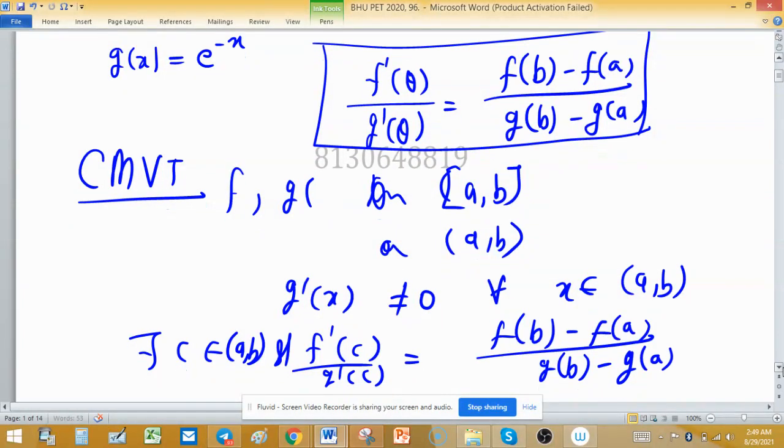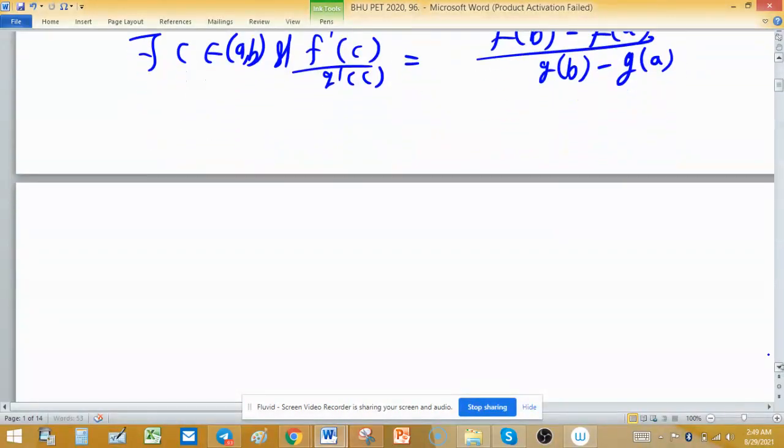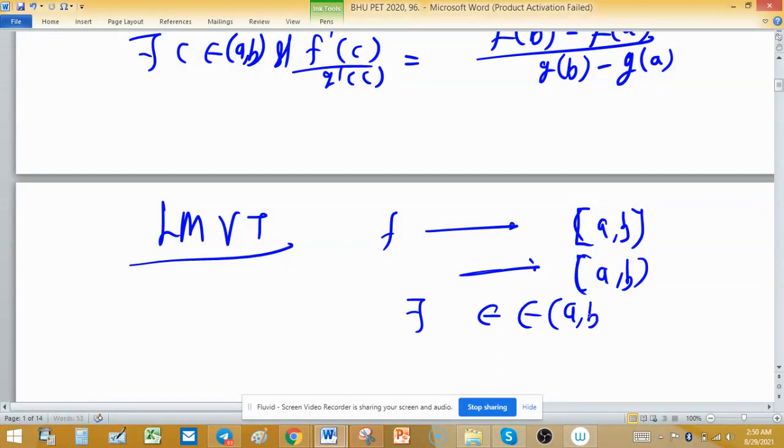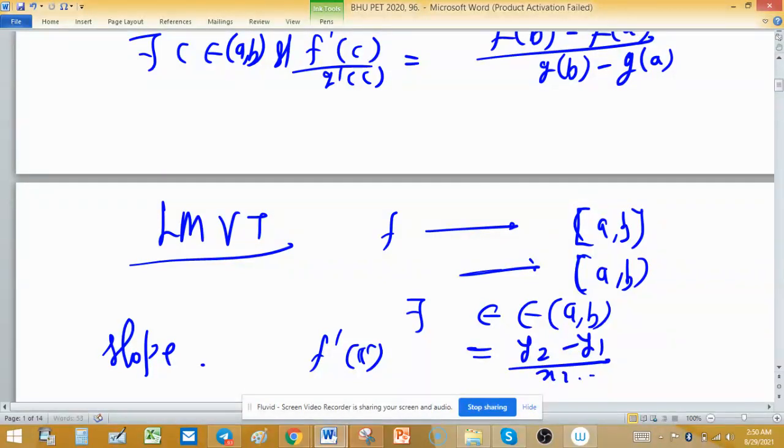So this is Cauchy mean value theorem, and this comes directly from the Lagrange mean value theorem, which says, suppose a function is continuous on closed interval [a,b] and differentiable on open interval (a,b), then there exists a c belonging to open interval (a,b) such that f dash c, which is a slope, equals y2 minus y1 upon x2 minus x1, as we find in elementary schooling.